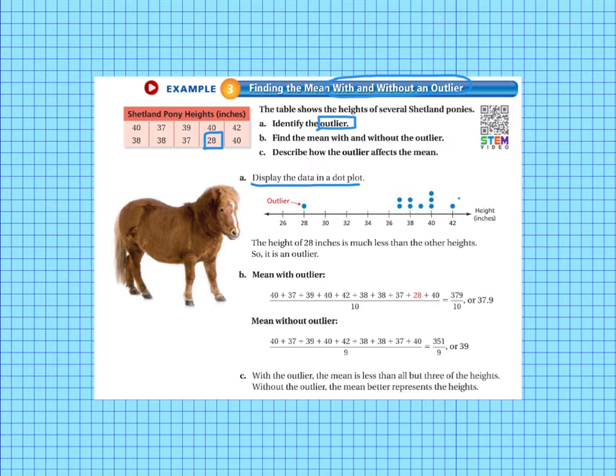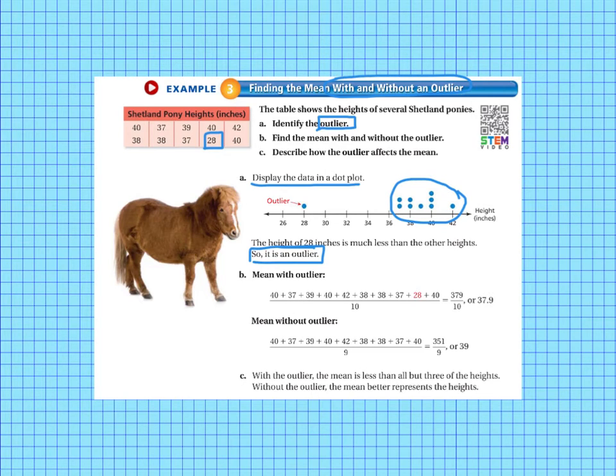You can see that there's a whole cluster of values up here around 40, and then there's a huge gap between 28 and 37. So that shows you that the outlier is 28. The height of 28 inches is much less than the other heights, so it is an outlier.